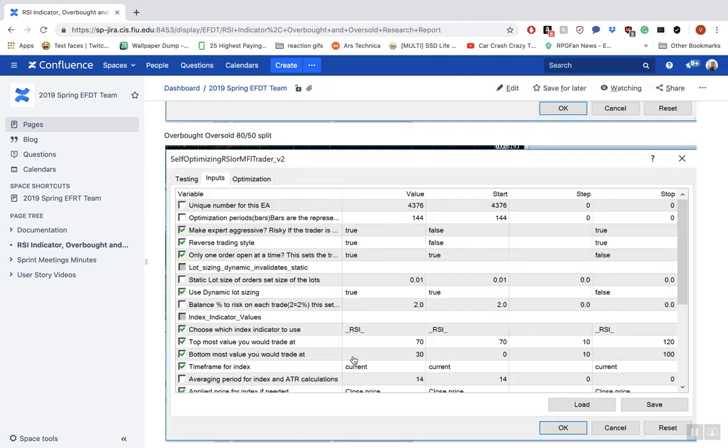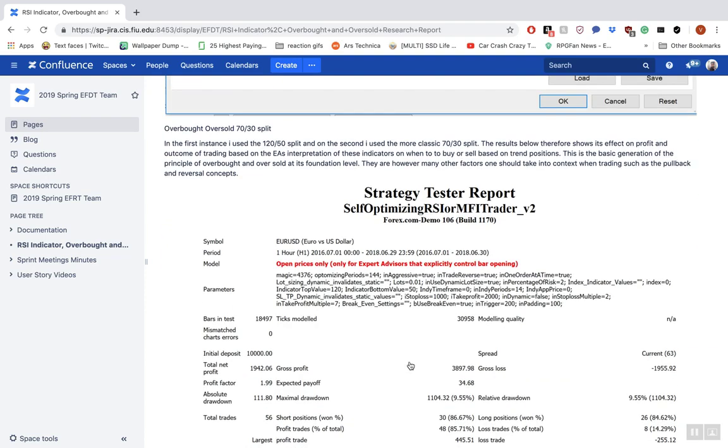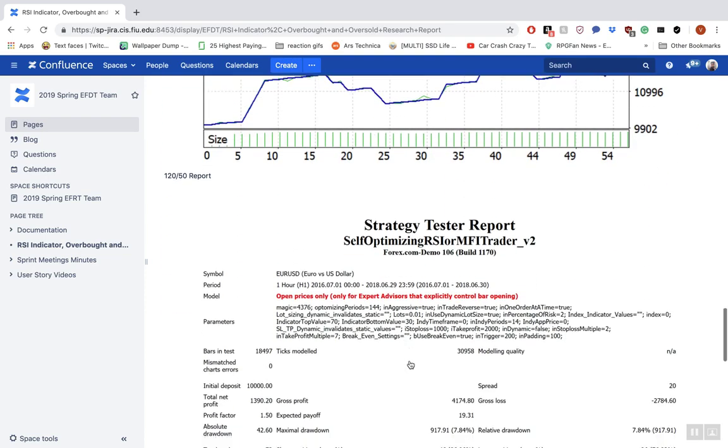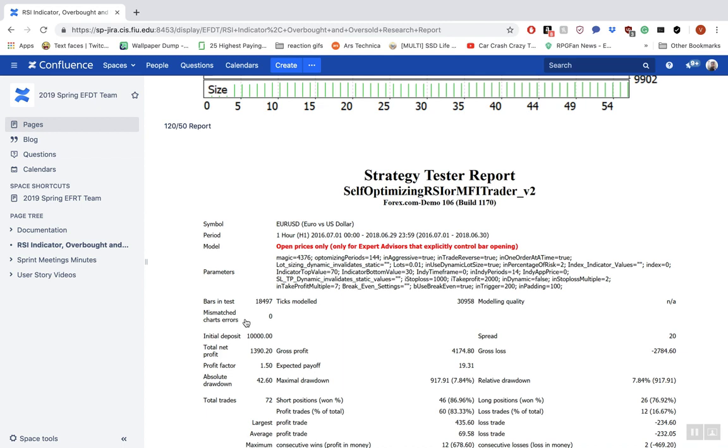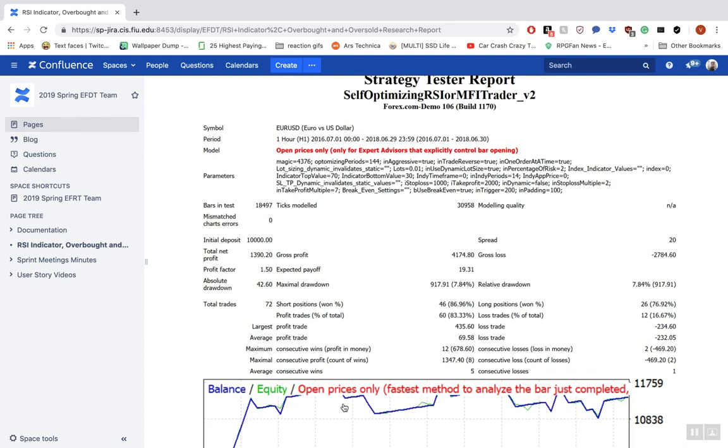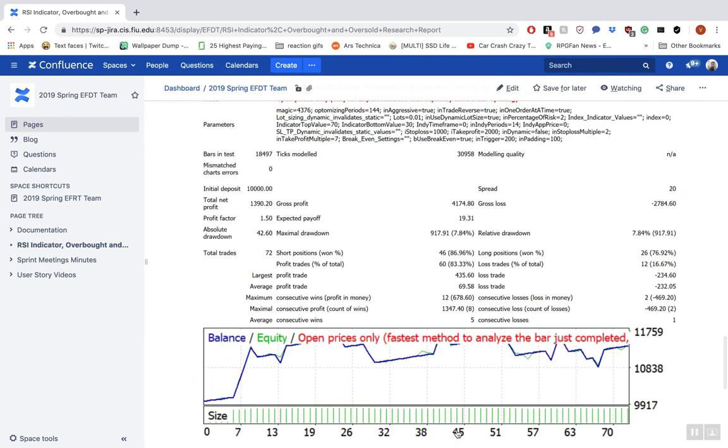And like I said, we did test other values where we went to 70-30, and what we did achieve is a difference in the profit between the two. So as we can see, changing this variable does affect where the expert advisor decides to do the buying and selling, as it would affect a trader just looking at the chart, because you're dealing with different thresholds of your overbought and oversold positions.